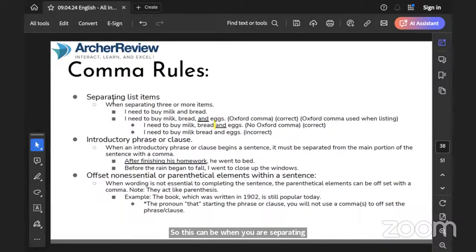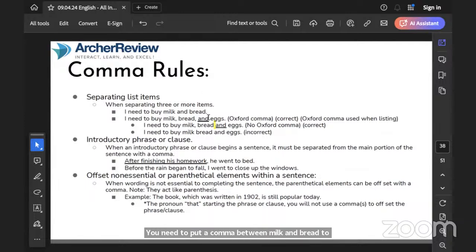Make sure that if you are listing 3 or more items, that you are separating by using commas. So, if I say I need to buy milk and bread, I'm only listing 2 items, so I do not need to include a comma. But if I say I need to buy milk, bread, and eggs, you need to put a comma between milk and bread to separate those 2 because they're not one thought together.